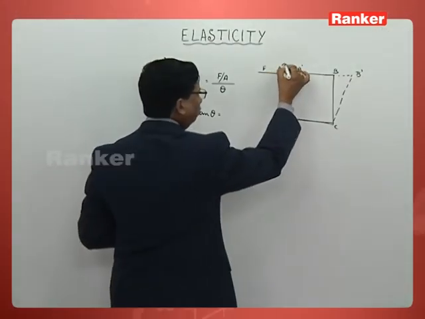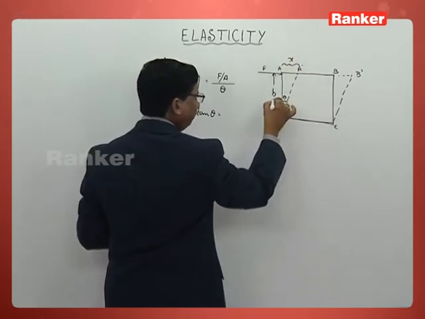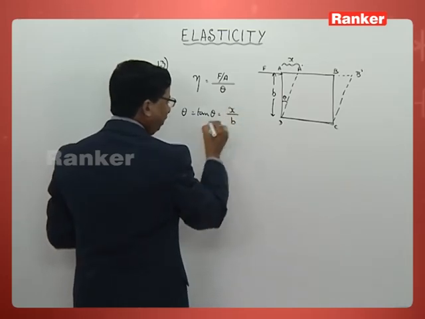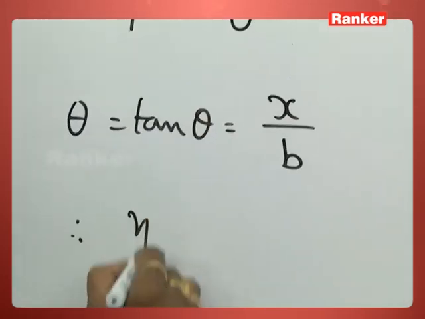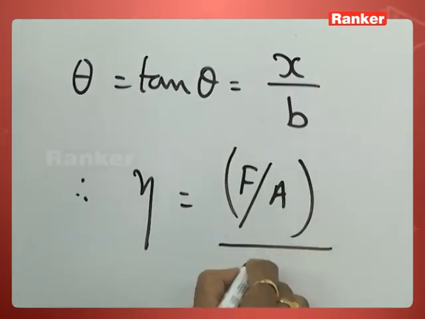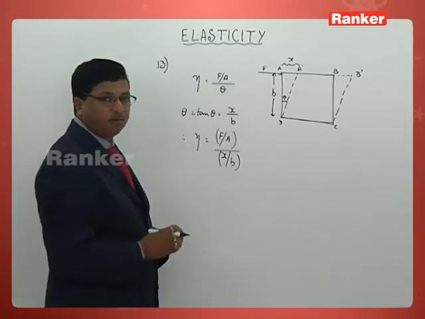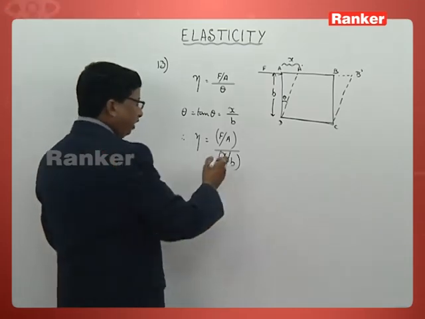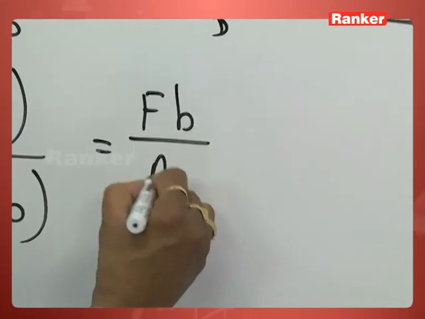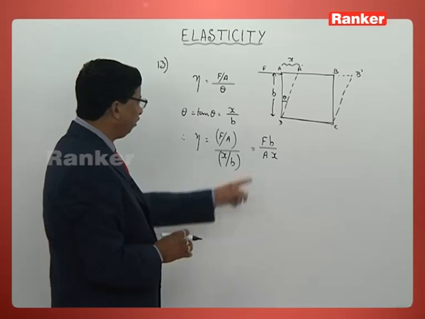That is now going to be the displacement produced by the breadth of this particular cube. So you can write this one as x by b. Therefore, eta can be written as F by A divided by x by b. This is the official formula you have to go for. When I repeat the same this way, F b by A into x I can write. The same equation I can rewrite it like this.